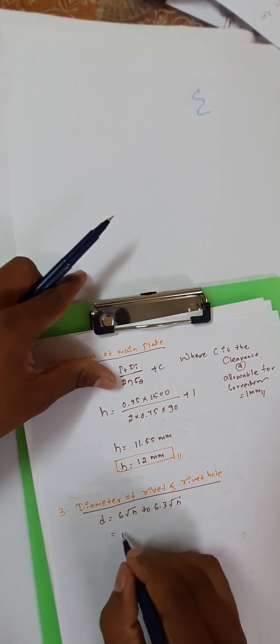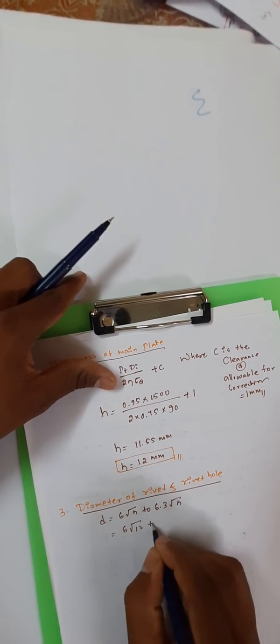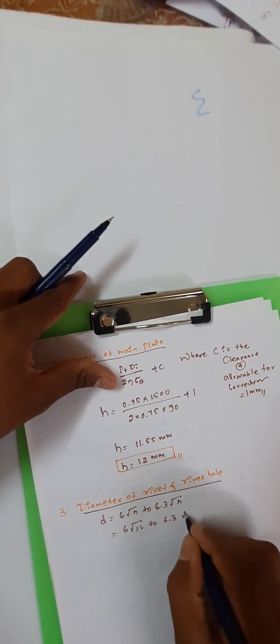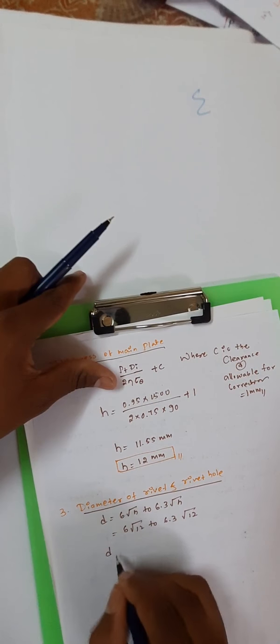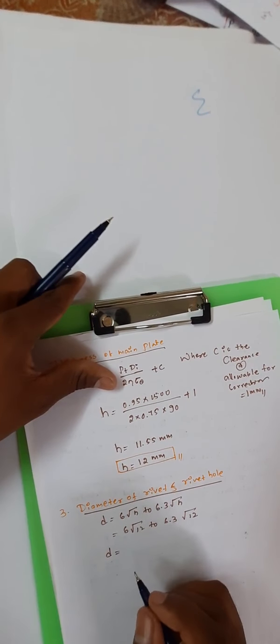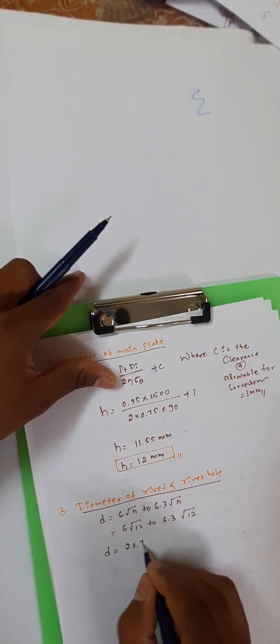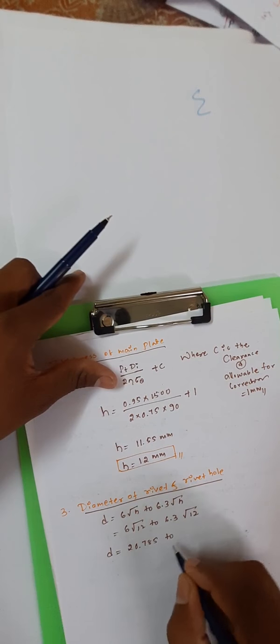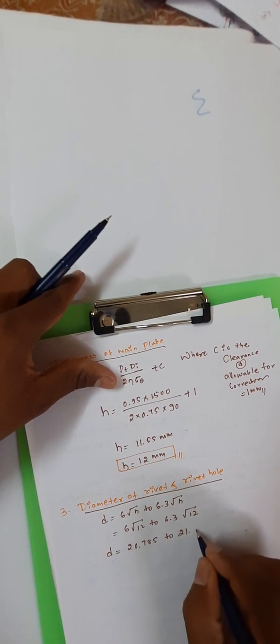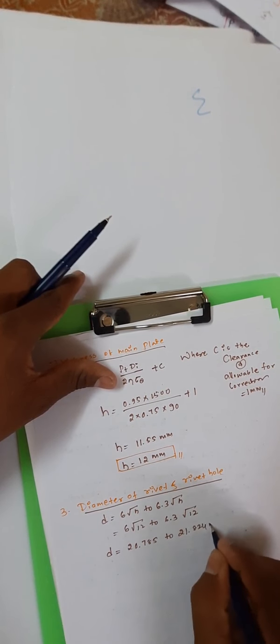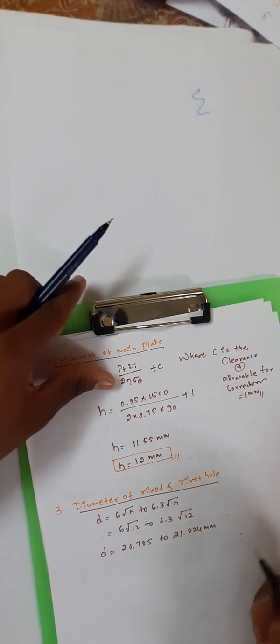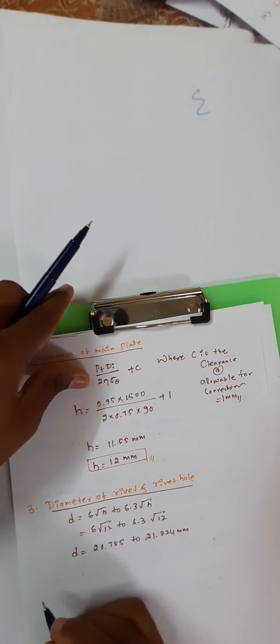If you substitute that value, 6 root 12 to 6.3 root 12, and simplify this, you will get diameter d is equal to 20.785 to 21.824 mm.